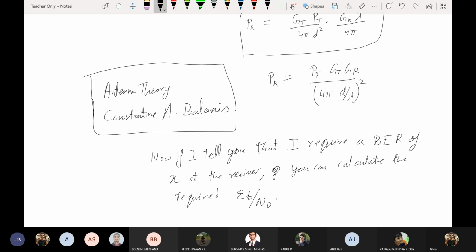You can calculate the required Eb by N naught. It's a full form of BER, bit error rate, or symbol error rate in case of general constellation, since we started with BPSK.